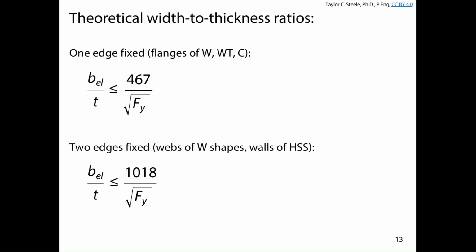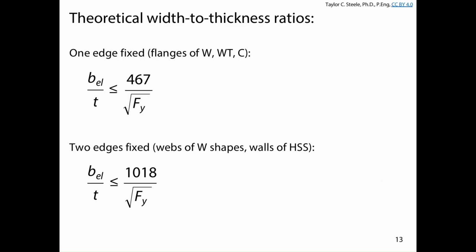If we do that just based on elastic theory, we have for one edge fixed cases, which represent the flanges of W's or WT's or C's, and for the two edges fixed case, which might be webs of W shapes or walls of HSS, numbers that look something like this. Okay, so b_el over t for flanges, if we want to prevent local buckling from happening, has to be less than or equal to 467 over the square root of Fy.